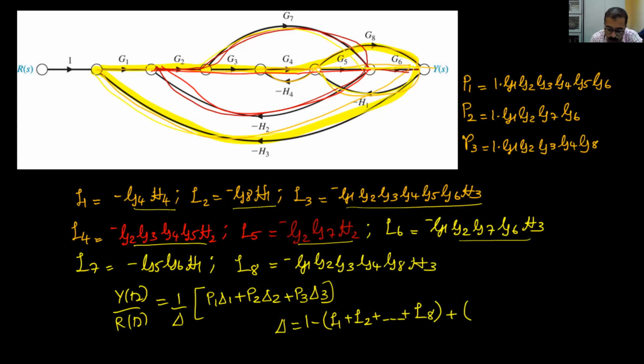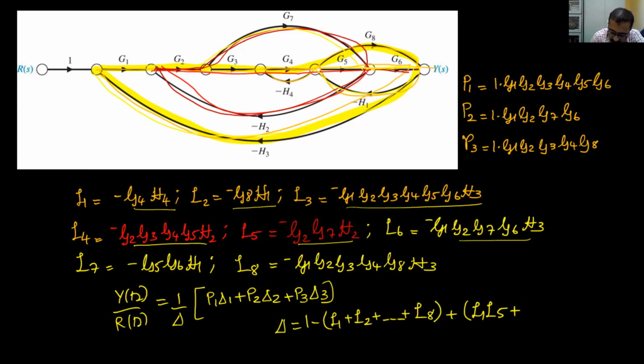Do we have any non-touching loop pair? Yes, G4 minus H4 is not touching G2, G7, minus H2. Okay, so that means L1, L5. Okay, plus what next?